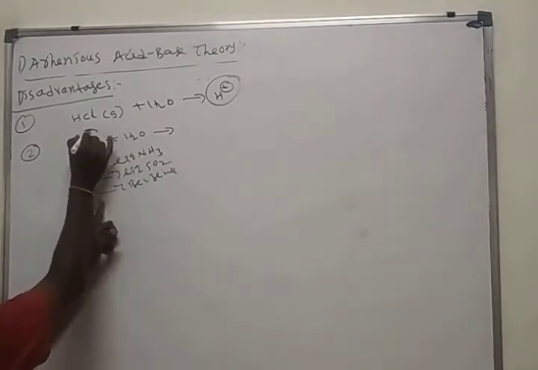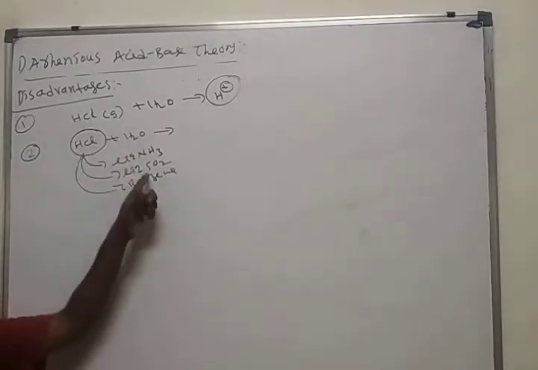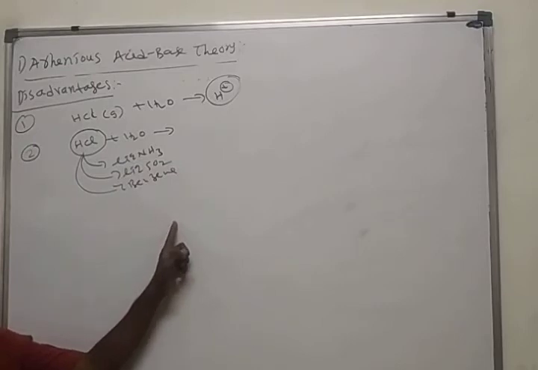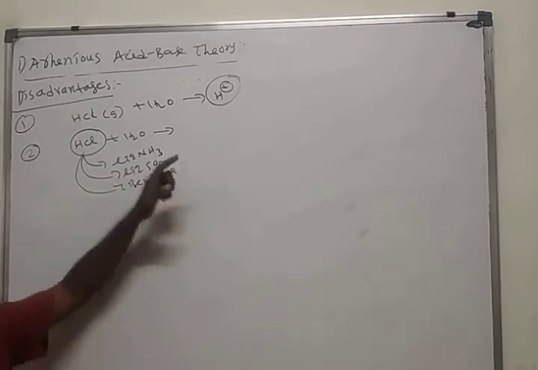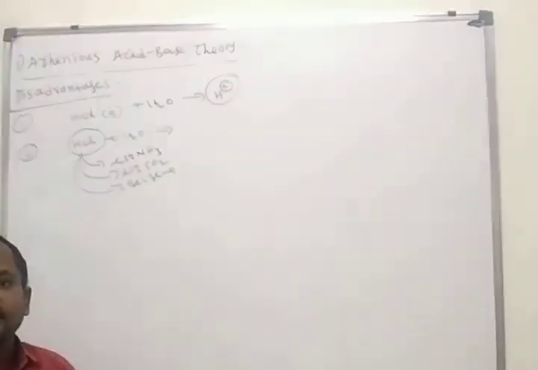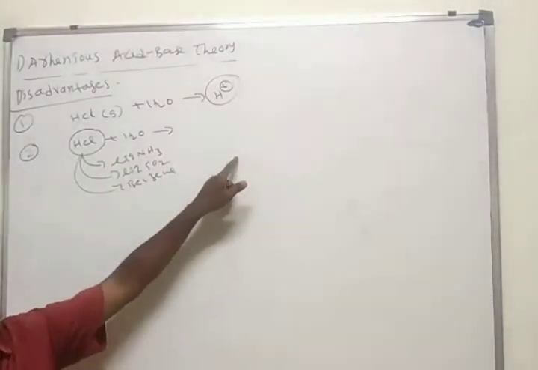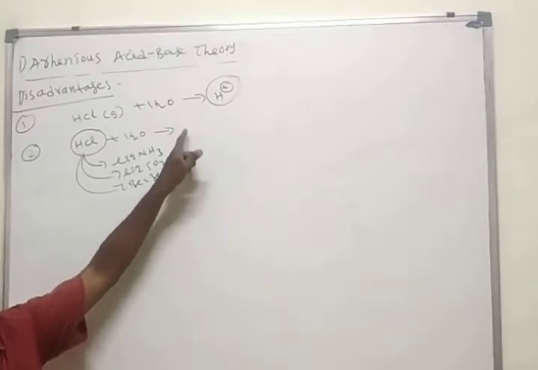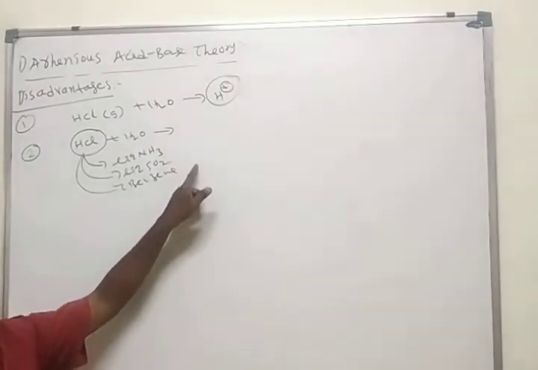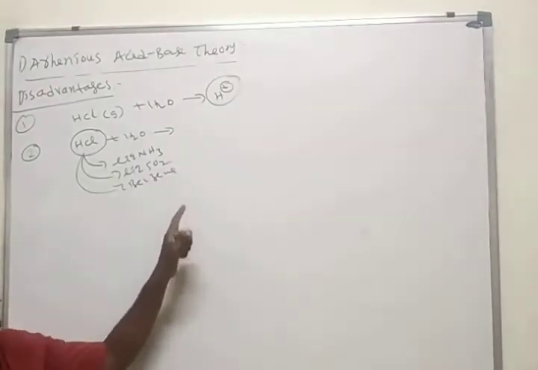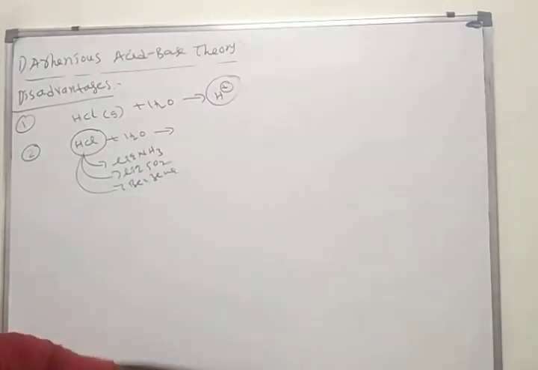So it never shows acidic nature in these media. That means Arrhenius acid-base theory is only applicable for aqueous medium, not organic or other solvent media. Aqueous medium means only water medium.